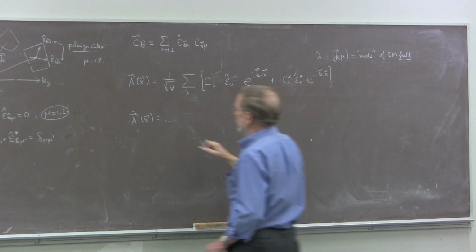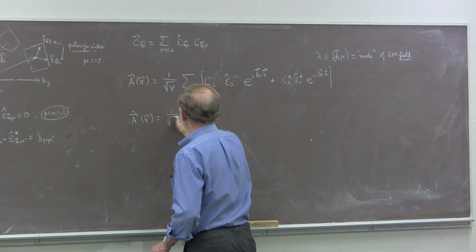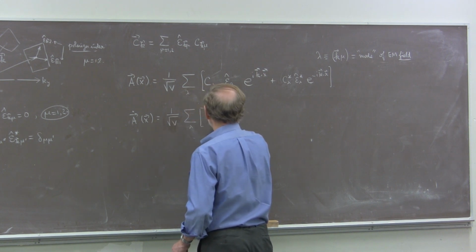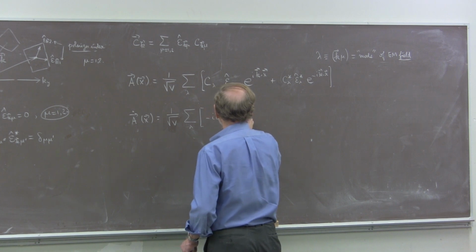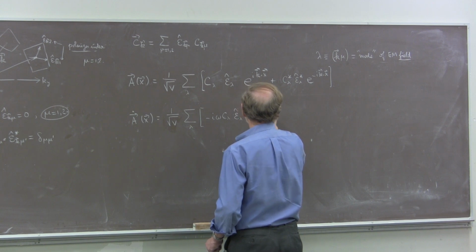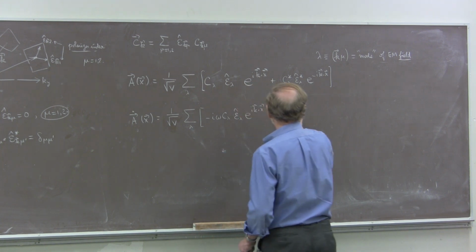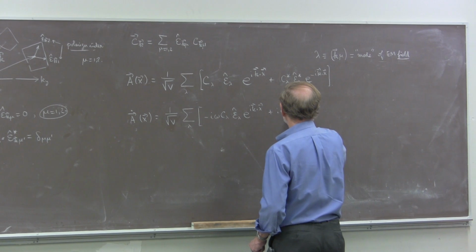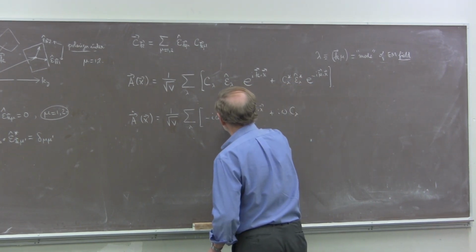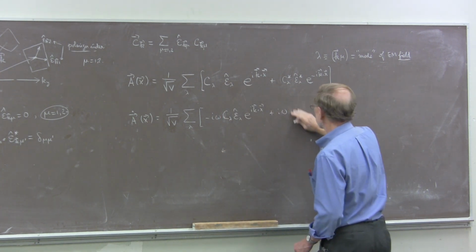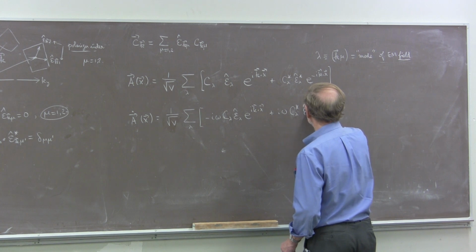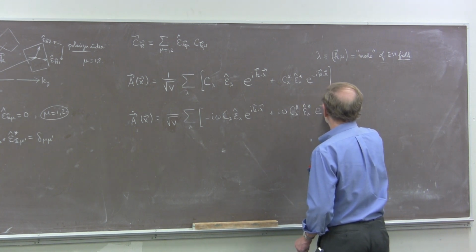And then the A dot is 1 over the square root of volume V, sum on lambda, and we have minus i omega c lambda, epsilon lambda, e to the i k dot x, plus i omega c lambda. It's supposed to be a capital C here, large C, not to be confused with the speed of light, which will be a small c, capital C lambda, complex conjugated, epsilon lambda star, e to the minus i k dot x.